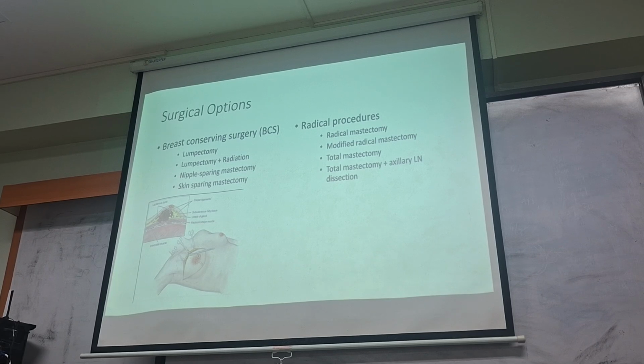Then there are radical procedures wherein you have to remove the breast, entire breast, and or adjacent structures also. Like maybe, for example, if the tumor has invaded the pectoralis muscle, you will also have to remove it. So radical mastectomy, modified radical, with lymph node dissection.